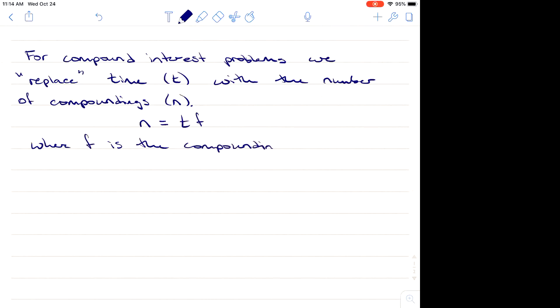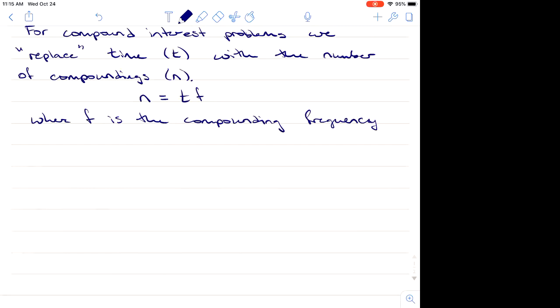We went through a list of frequencies we need to know. The trickiest are probably bi-weekly, 26 times per year, weekly, 52 times per year, monthly, 12 times per year, annually, once per year, semi-annually, twice per year. So we made a list of all those that we need to know and have in our back pocket.